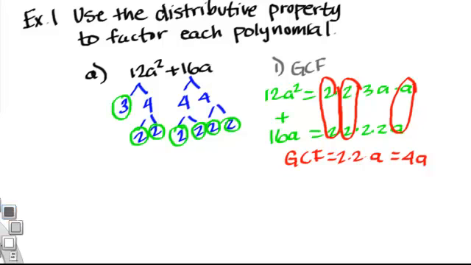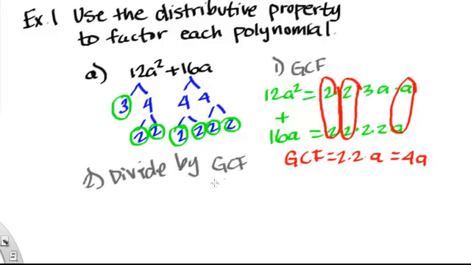So now our second step is to divide by the GCF. So I have my polynomial 12a squared plus 16a, and I can divide it by that greatest common factor, which is 4a.